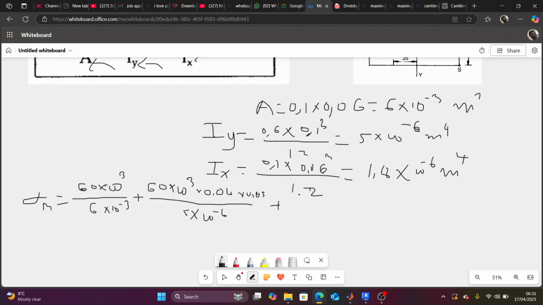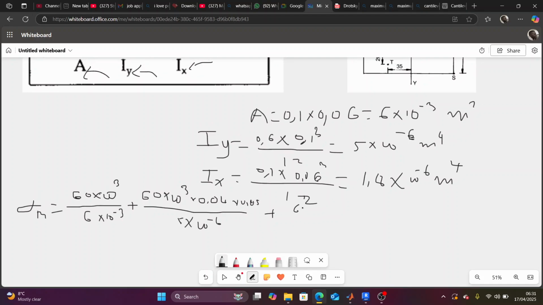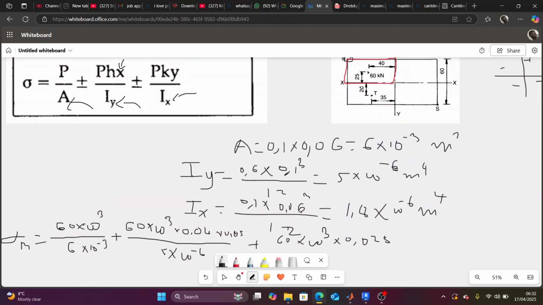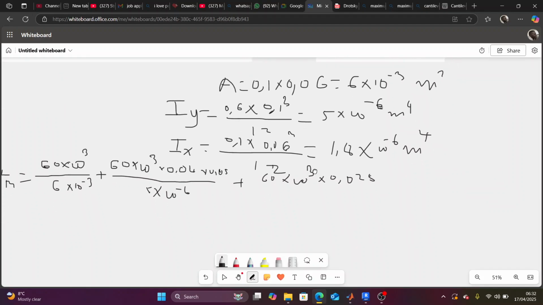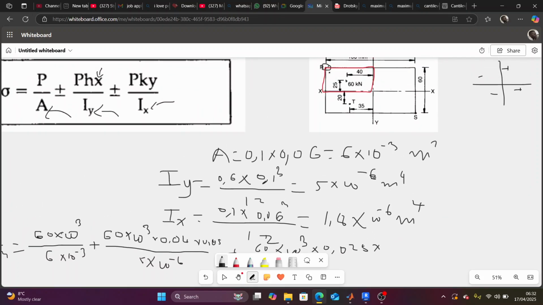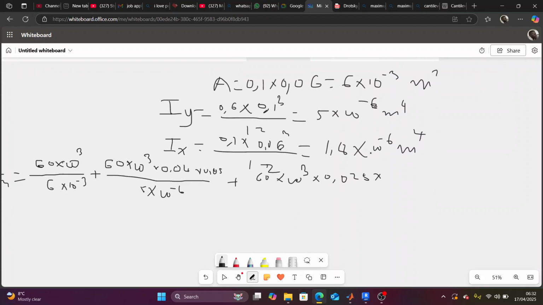Plus now we're going to have 60 times 10 to 3 times 0.025. Remember, it's the same thing. We are simply having the moment created now on the x-axis. Everything multiplied by the distance. The distance is the same. It is simply where R is to YY, which is 50 again, so it is 0.05.